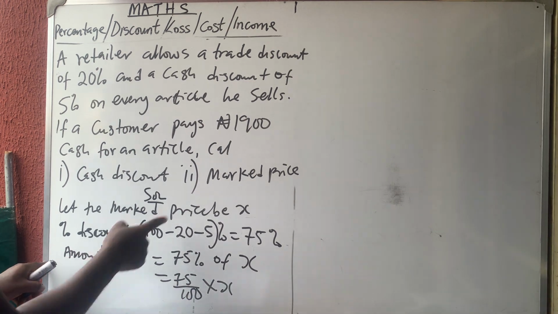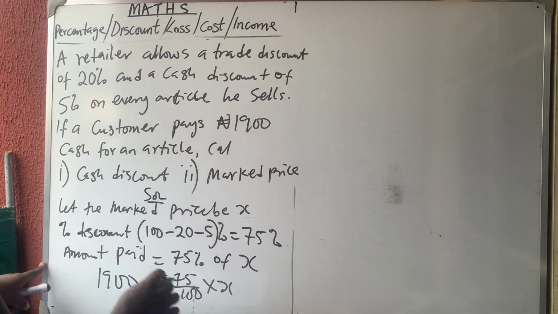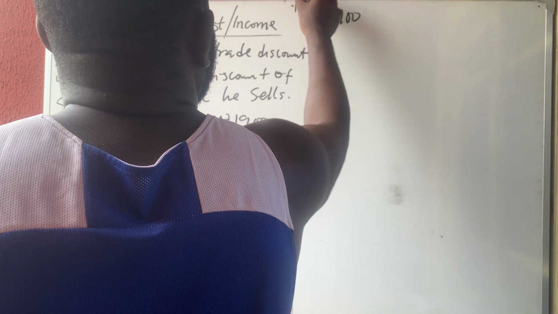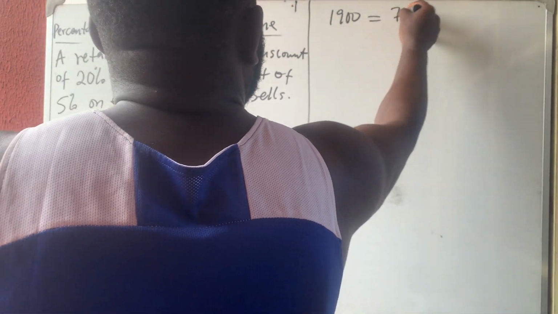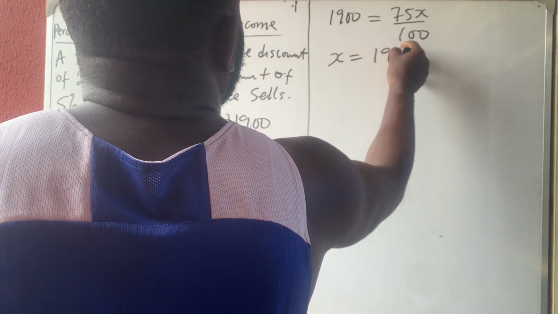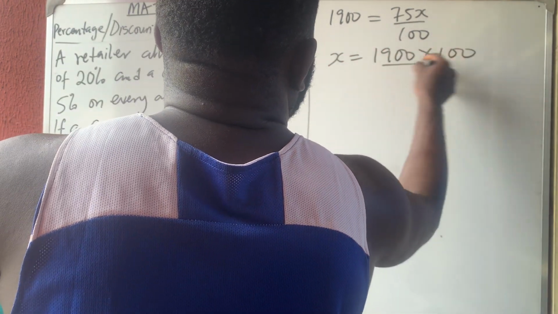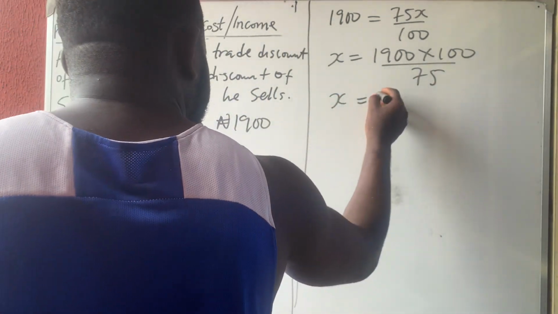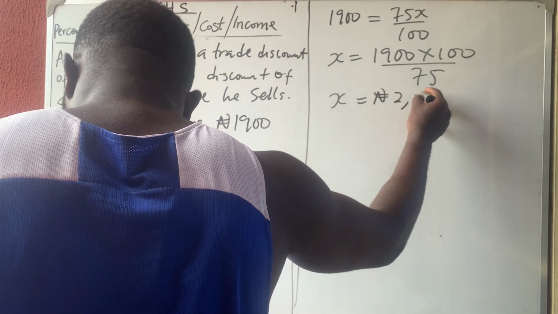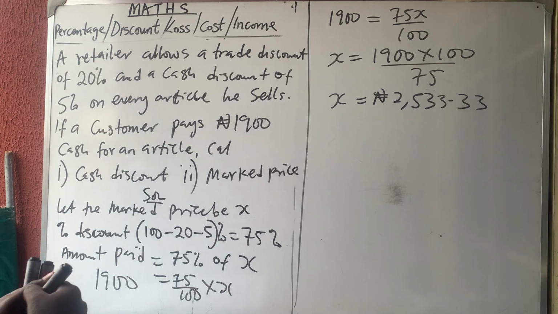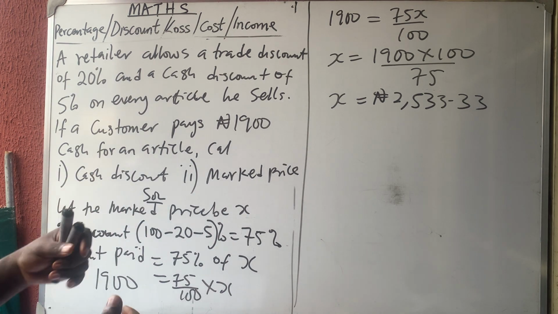But don't forget that the amount he paid is 1,900. So 1,900 is equal to 75x over 100. So x is equal to 1,900 times 100 divided by 75. So the marked price is 2,533.33. Okay, so that is the original amount that this person is selling this product. So now let's get the discount.